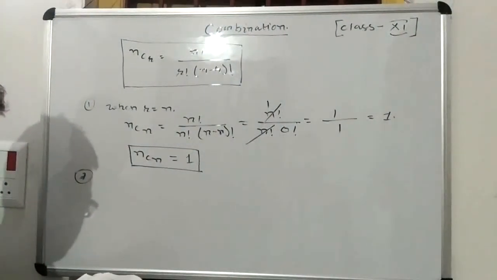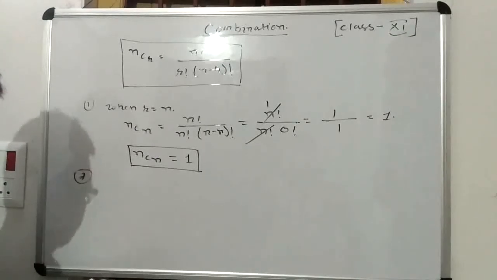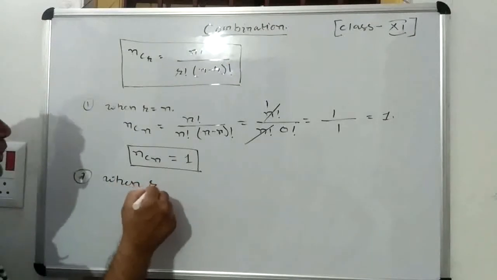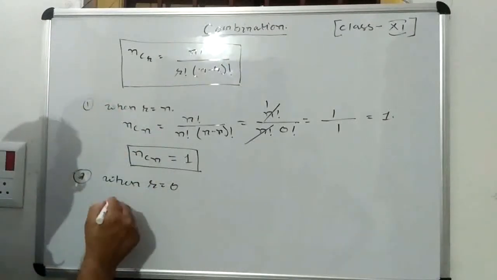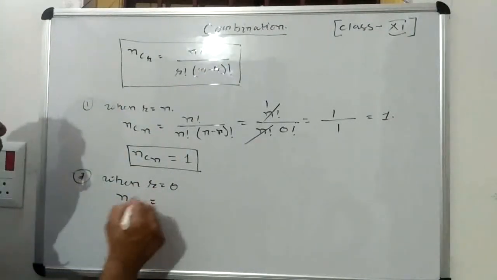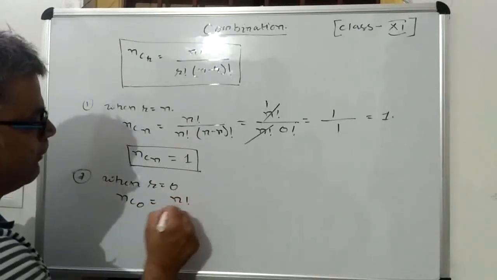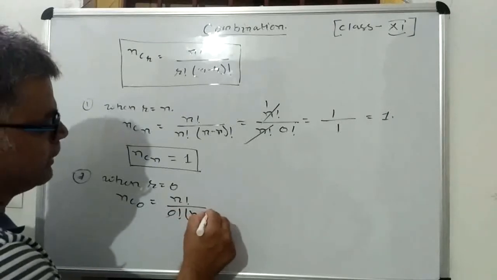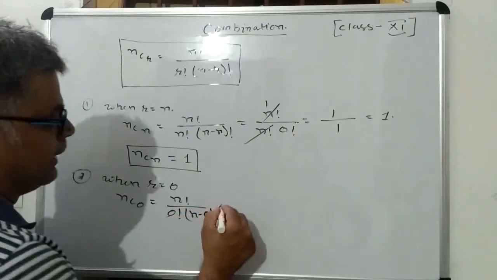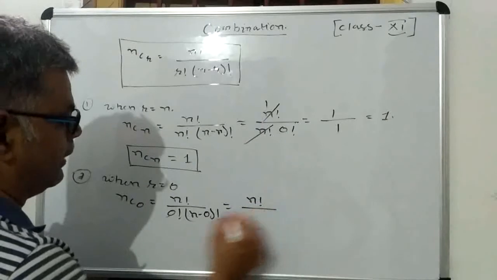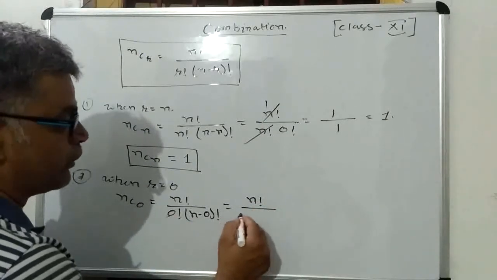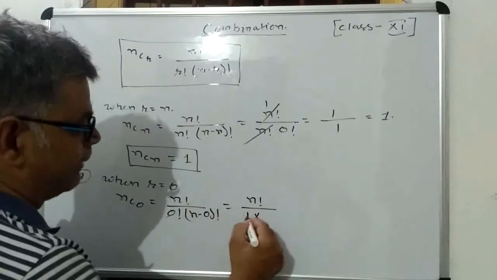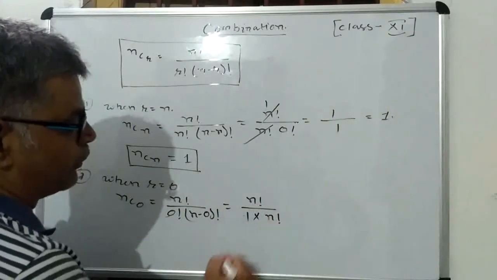Now the second result based on this formula. When r equals 0, then putting into this formula, nC0 equals factorial n by factorial 0 into factorial n minus 0, that is equal to factorial n by, you know that the value of factorial 0 is always 1, into n minus 0 is equal to n factorial.